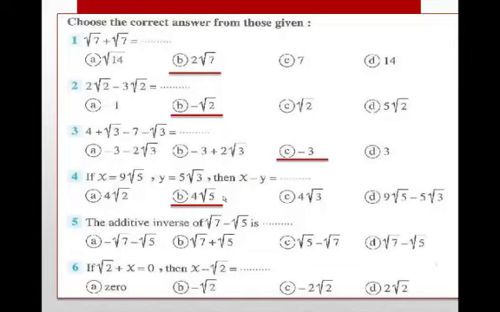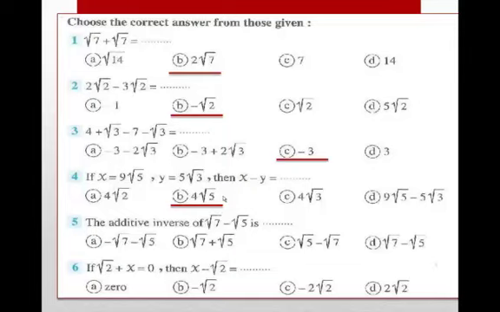Root 5 and root 3 are not the same, they are unlike terms, so the exact result is answer D, 9 root 5 minus 5 root 3. That's it. We cannot subtract the two numbers 9 root 5 and 5 root 3 because they are unlike terms.